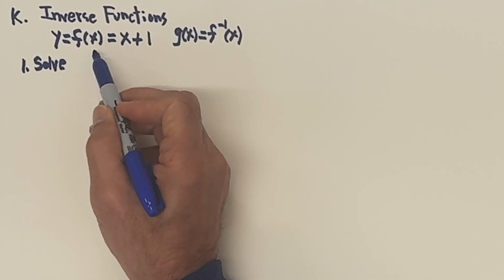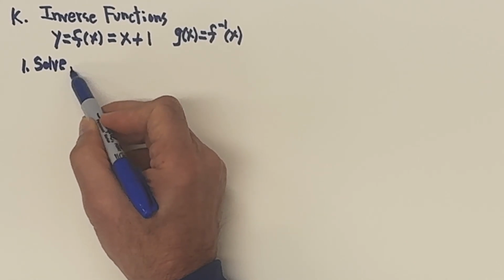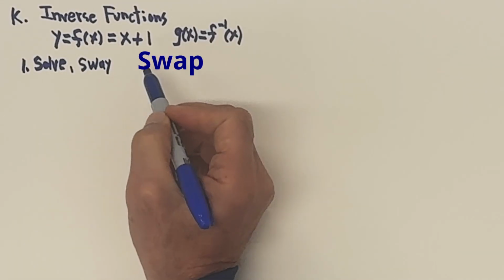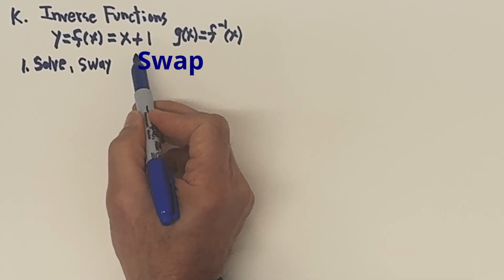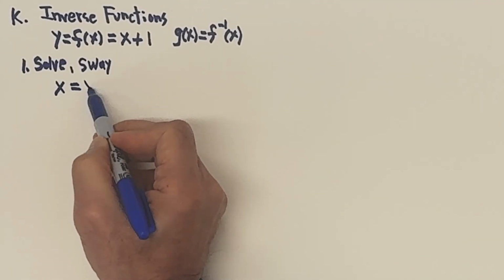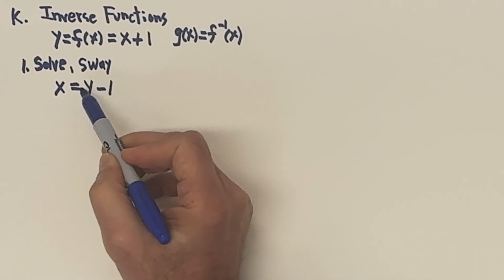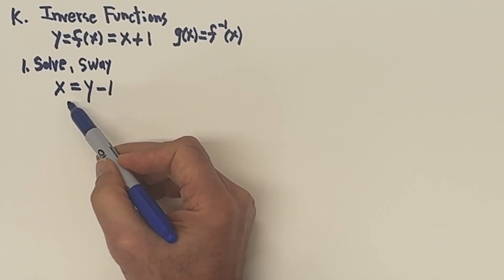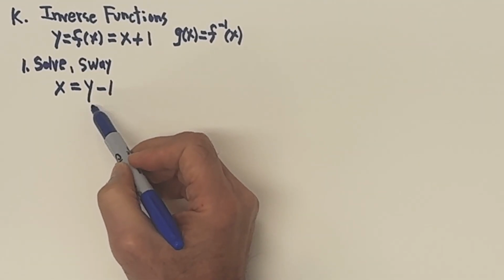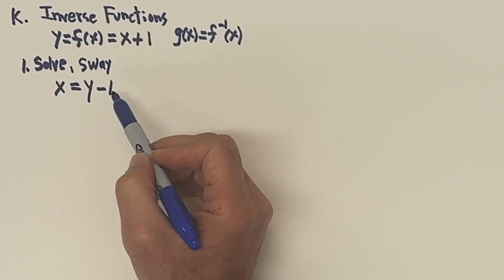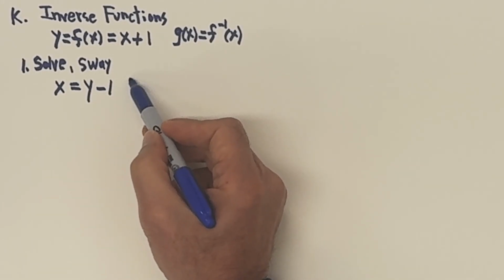All right, so in that case, we solve first, and then what we're going to do is swap x and y. And I'll explain why as we get there. So if we want to do the reverse, we solve for x, so x would be y minus 1. But if you want this function in standard form, where you have the independent variable called x, we have to then do the swap.